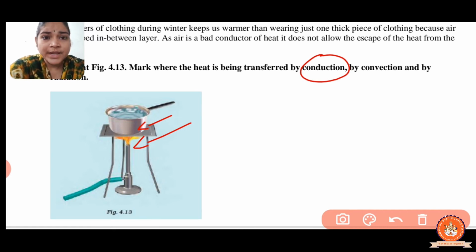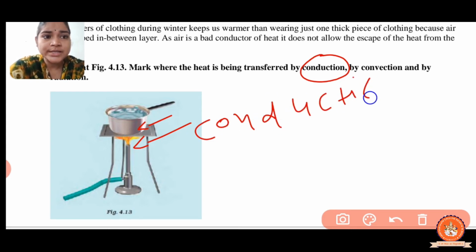The flame and the container are in direct contact, so heat is transferred directly through the conduction method. So here which method is used? Here the conduction method is used.